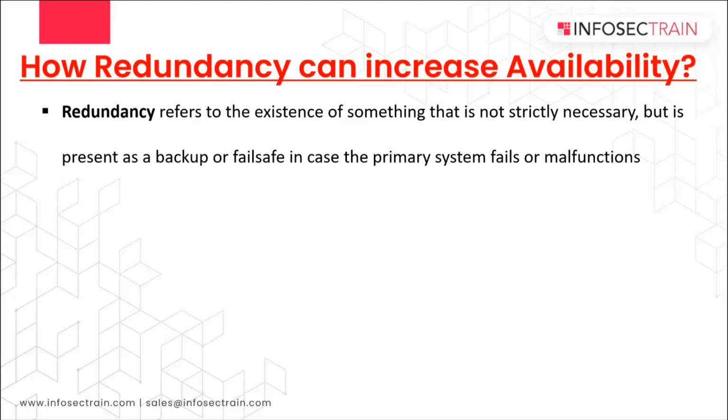Now what about availability, guys? In the CIA triad, availability is one of the factors, and we already learned that part. In simple words, availability refers to the degree to which a system, service or resource is operational as well as accessible when needed by an authorized user.